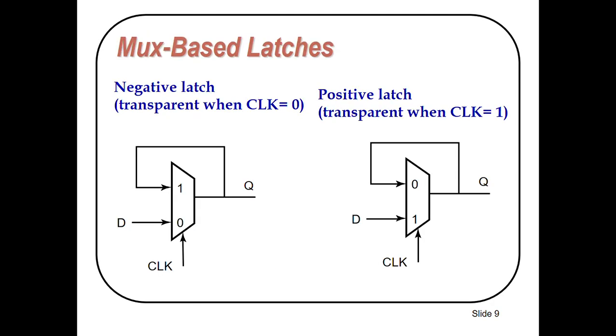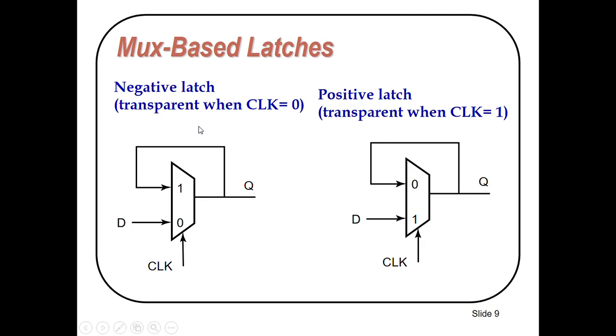We can also design our negative or positive latches by using multiplexers. So here we will discuss multiplexer or mux based latches. Here you can see this is a multiplexer, and we can use it to design our latch. For example, this is a negative latch.